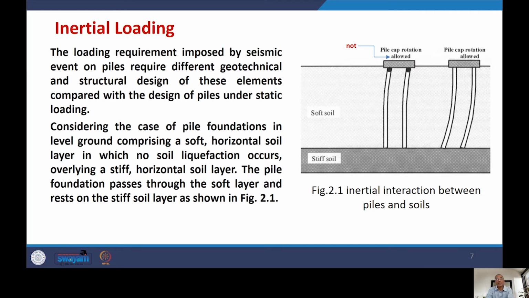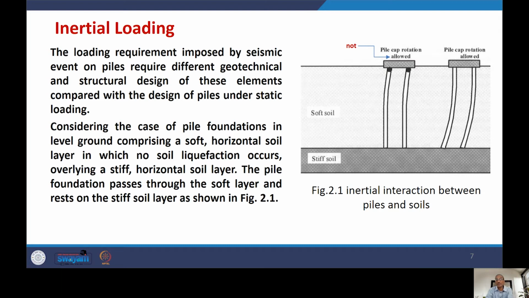Here, the loading requirement imposed by seismic events on piles requires different geotechnical and structural design of these elements compared with the design of piles under static loading. So compared to static loading, inertial loads, which are absent in the case of static loading, need to be considered as dynamic loading. Now consider the case of pile foundation on level ground, shown in this figure, where there is no slope.